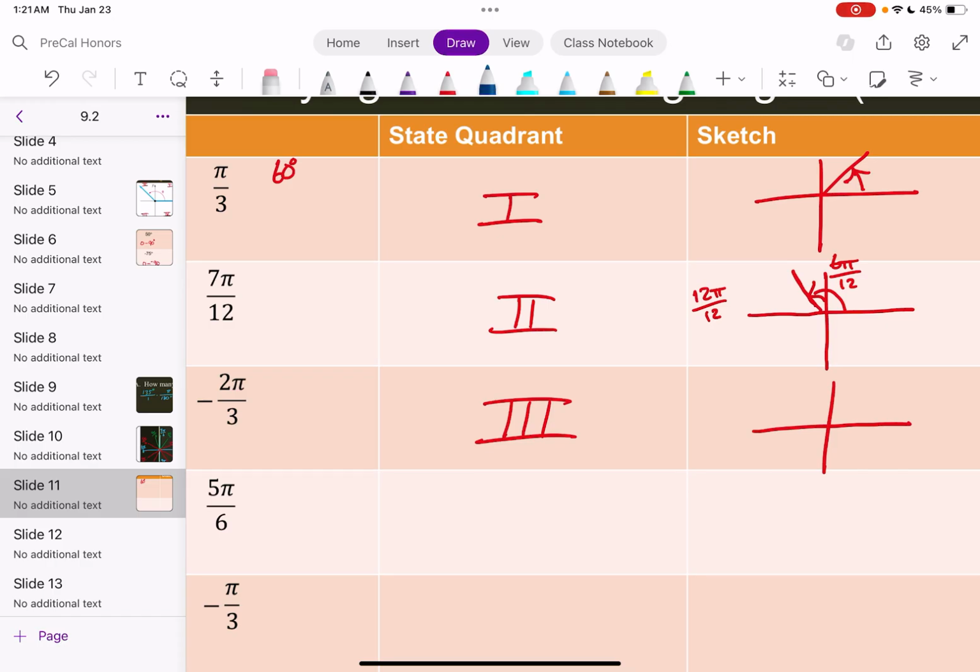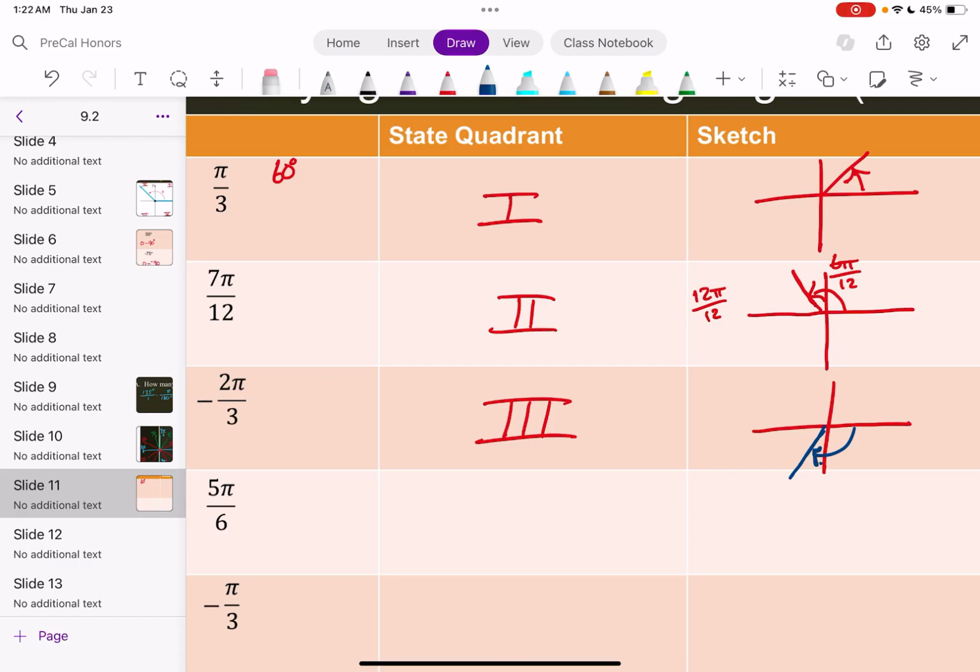As we work this problem, keep in mind, as we are drawing it, if we are looking at 2 pi over 3, that means that we are looking at a family of 60. 60 times 2 is 120, which would roughly give us a line here.